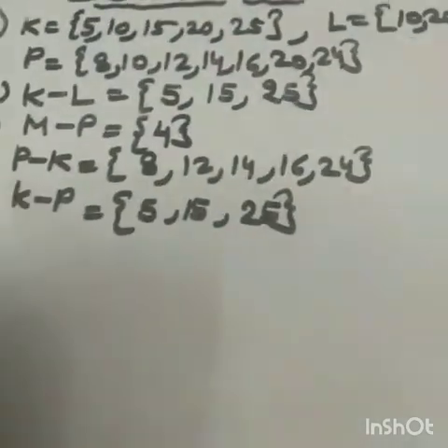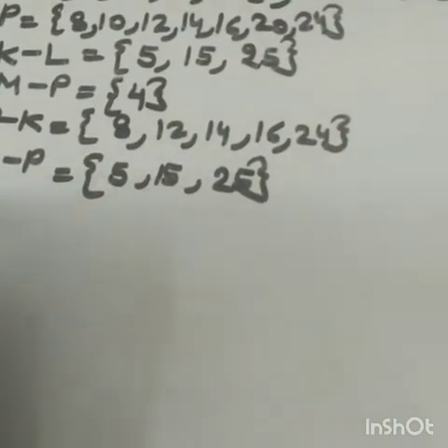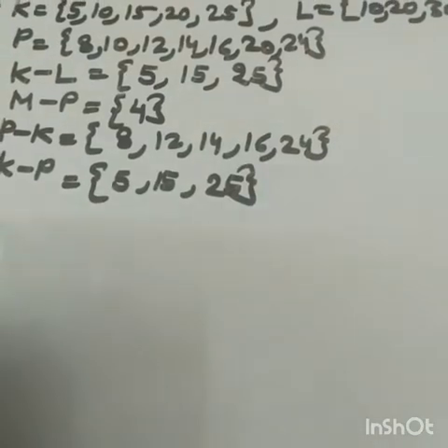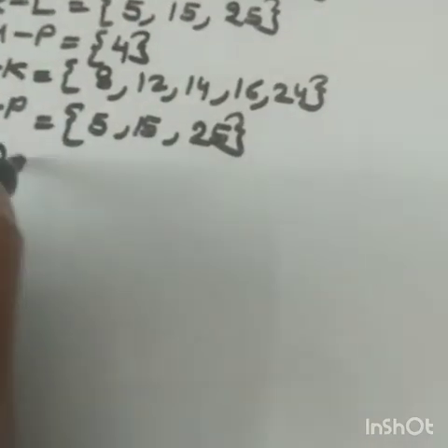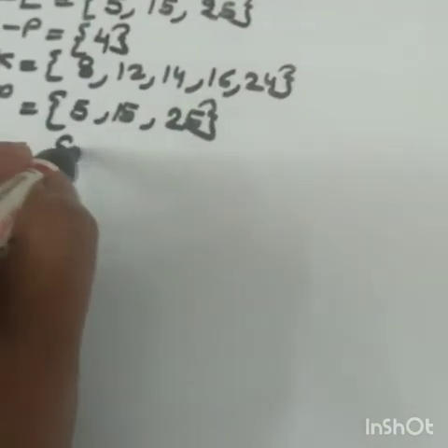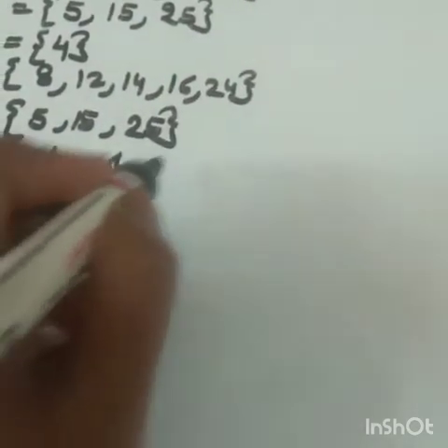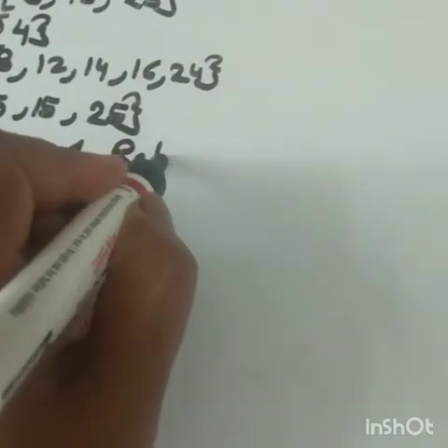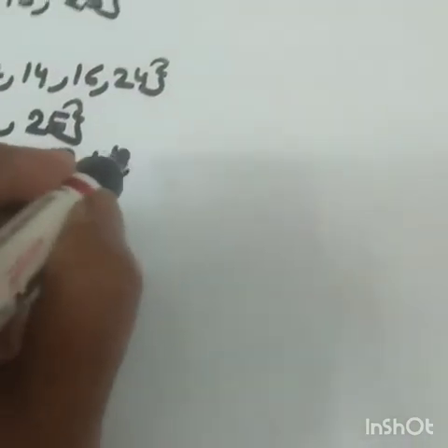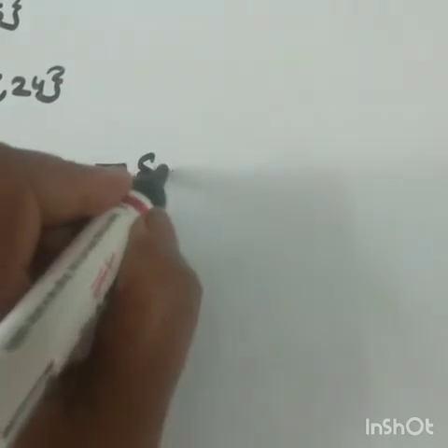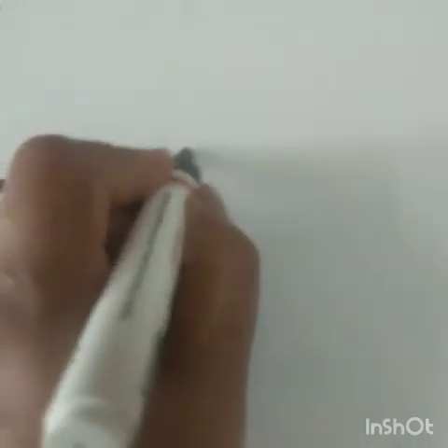Now question number 7 is another interesting question. R is the set of real numbers, Q is the set of rational numbers. So R minus Q is equal to the set of irrational numbers, that is, the set of real numbers minus the set of rational numbers.